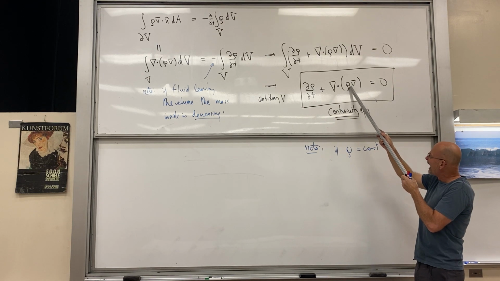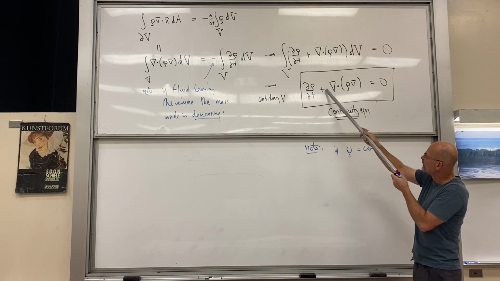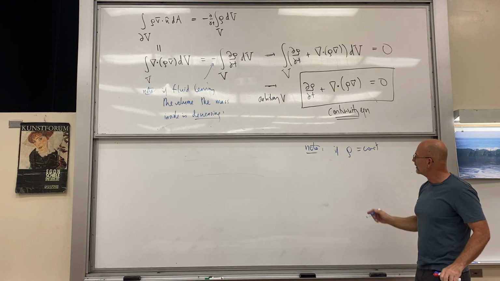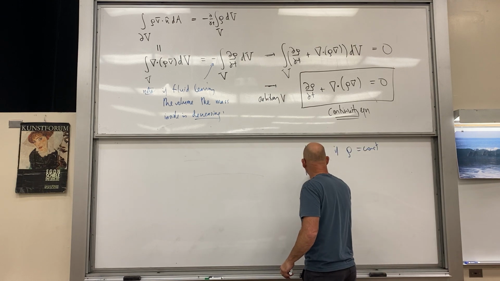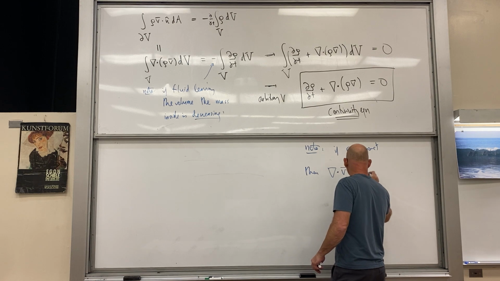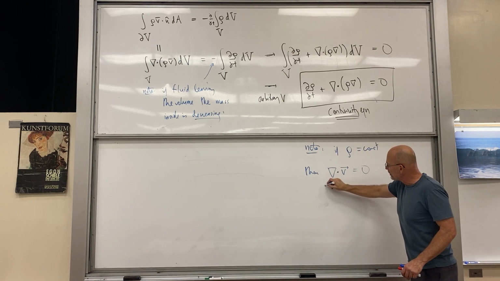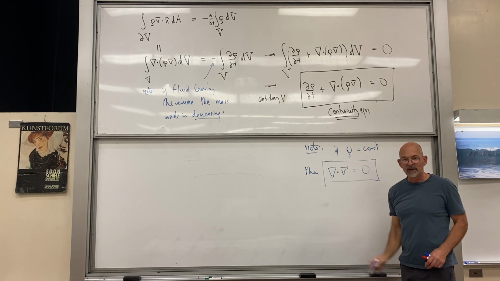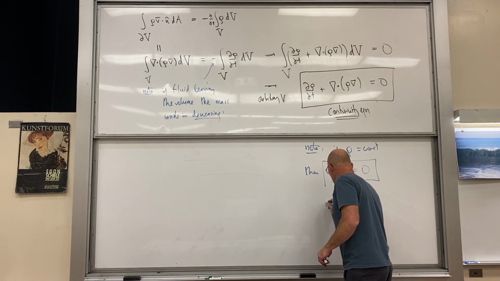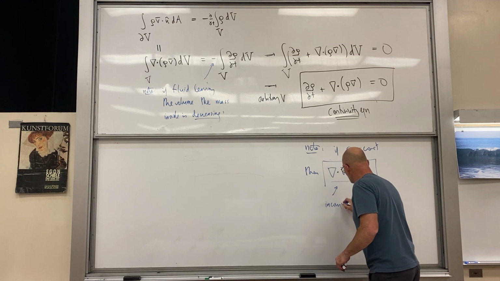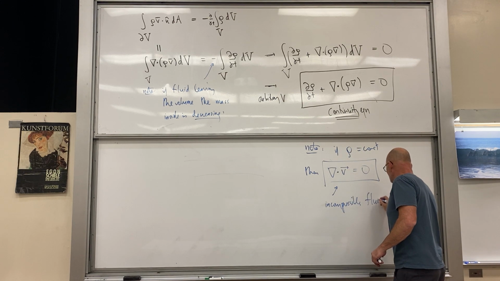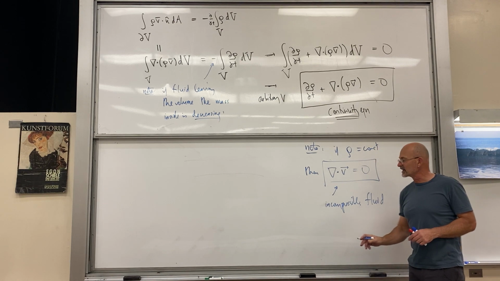You can pull rho out of this divergence expression here, and then you have the divergence of V equal to 0. So if rho is constant, then divergence of V is equal to 0. So this is the differential equation for an incompressible fluid, or you can say it's the condition for an incompressible fluid.